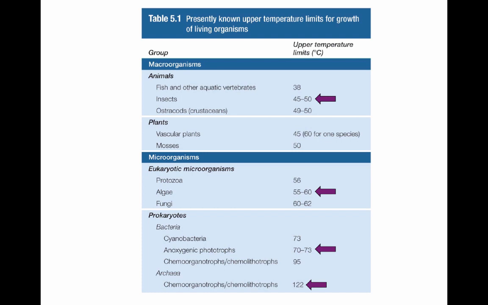So you have some anoxygenic phototrophs that are able to live happily at 70 to 73 degrees Celsius, other ones at 95 degrees Celsius. And archaea, which are extremophiles, can live, especially if they're chemoorganotrophs or chemolithotrophs, in temperatures of 122 degrees. Imagine putting your hand in water that is 122 degrees Celsius. You will literally lose the skin of your hand. But these microorganisms have evolved protein and membrane structures that are compatible with living at those temperatures.